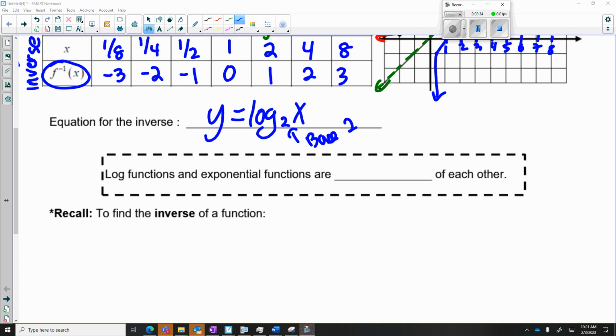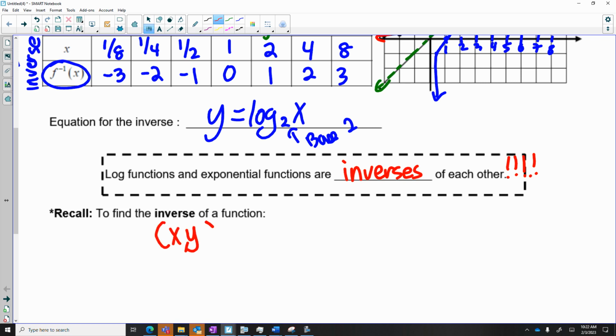So now going down below, we see it says log functions and exponential functions are inverses of each other. Okay, that's a very important relationship. And remember to find the inverse of a function, for the points x comma y, we switch them and it becomes y comma x.